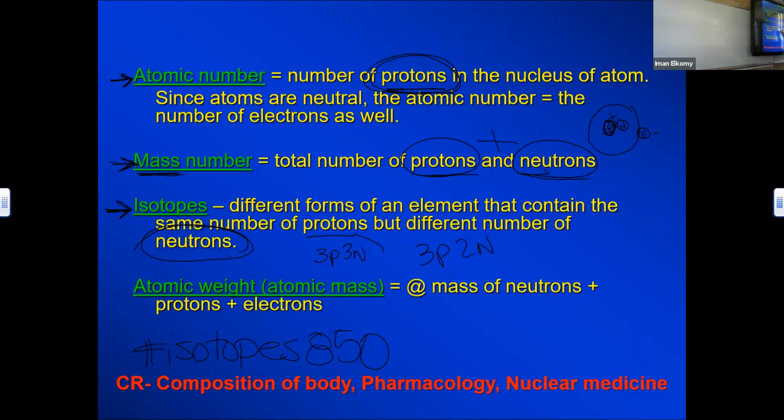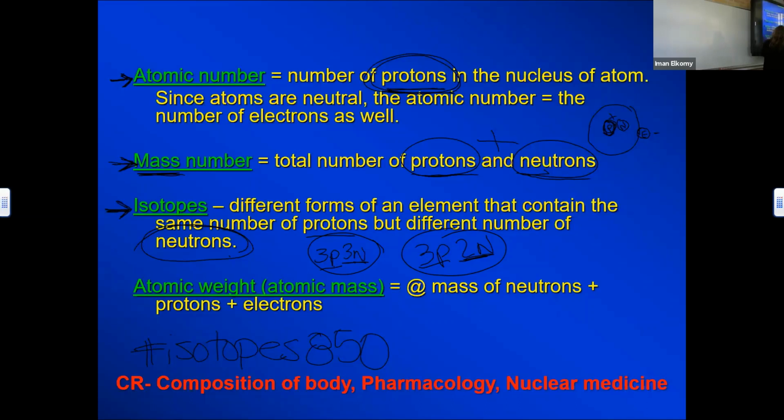So those two elements would be isotopes. They're going to have the same atomic number because my protons are the same. But the mass number is going to be different because now I'm adding in those protons and neutrons, and 3 and 2 would be different. Make sense? These are isotopes.